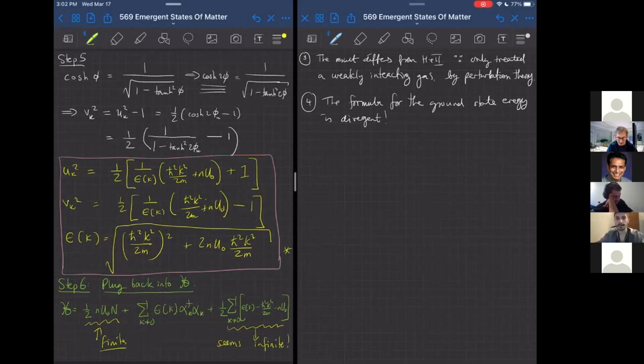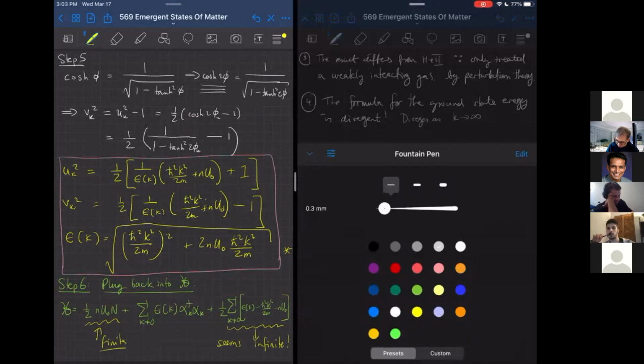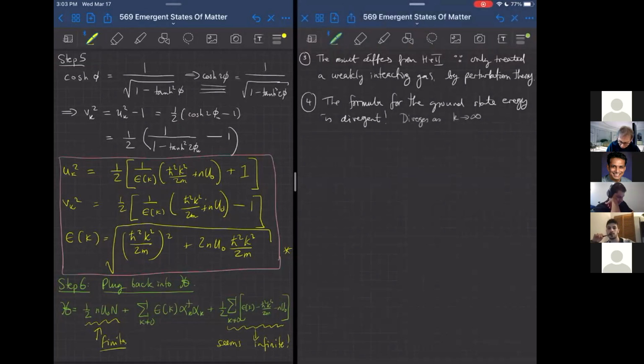So let's talk about that. So let's write down what happens for large k. So it is divergent, and it diverges as k goes to infinity, as you can easily convince yourself of. So let's write down what that divergence looks like. So I take the sum over k, which of course just turns into an integral over k. So the sum over k goes to V over (2 pi) cubed integral d3k.